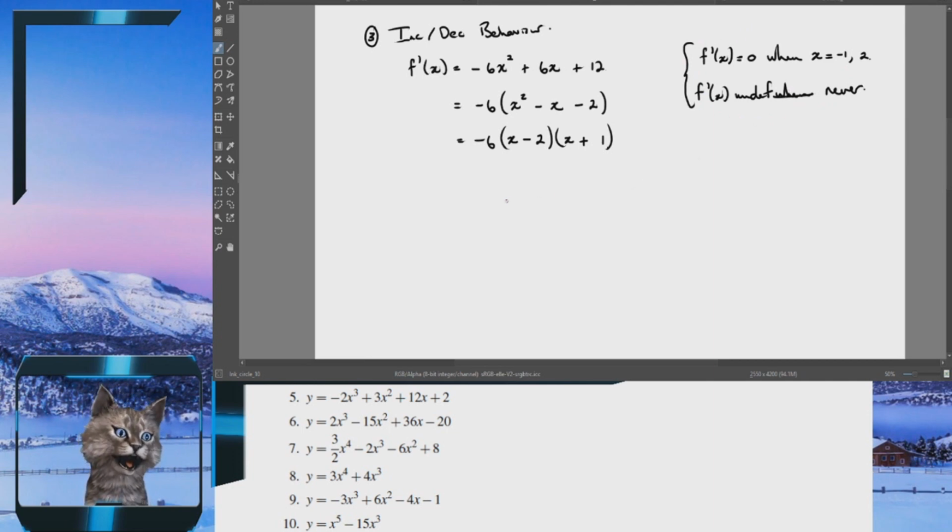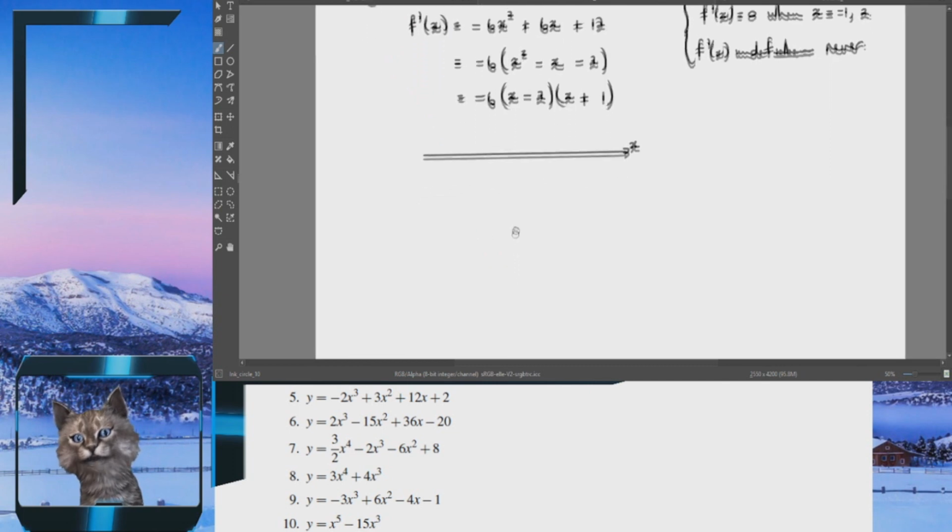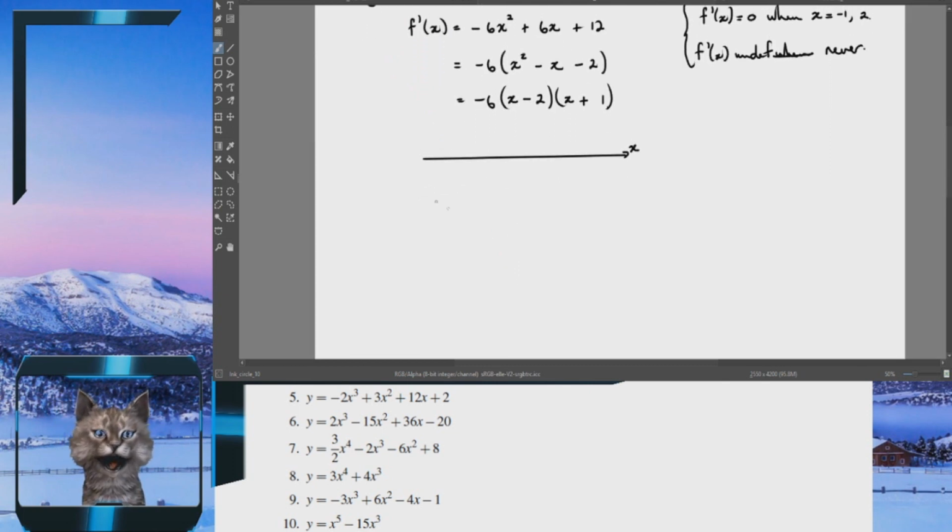Then I like to make a little table to see how do these factors affect the eventual sign of my derivative. So we're going to mark off all these potential critical points, negative 1 and 2. So I'm calling them critical numbers.